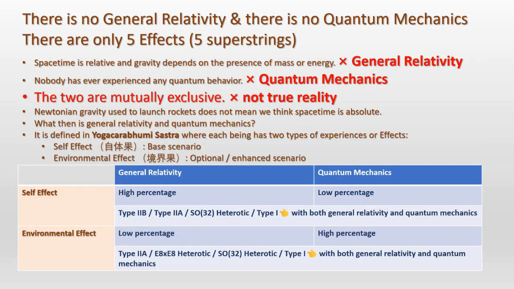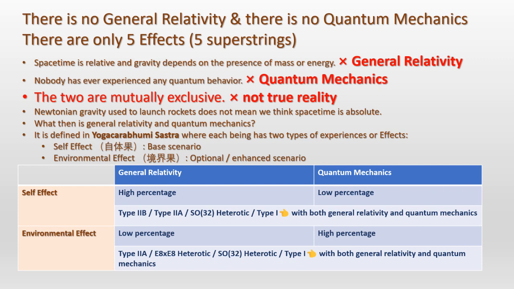As mentioned, string theory has shown that space-time is emergent rather than relative and gravity is a must without presence of mass or energy. This means the fundamental assumptions of general relativity are wrong. On the other hand, nobody has ever experienced any quantum effect in quantum mechanics. The two are also mutually exclusive.